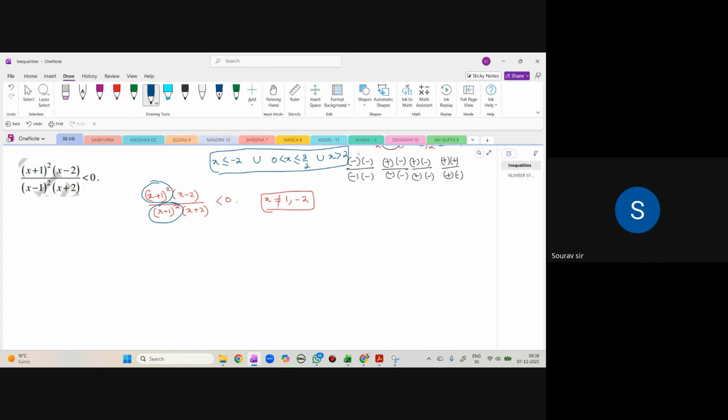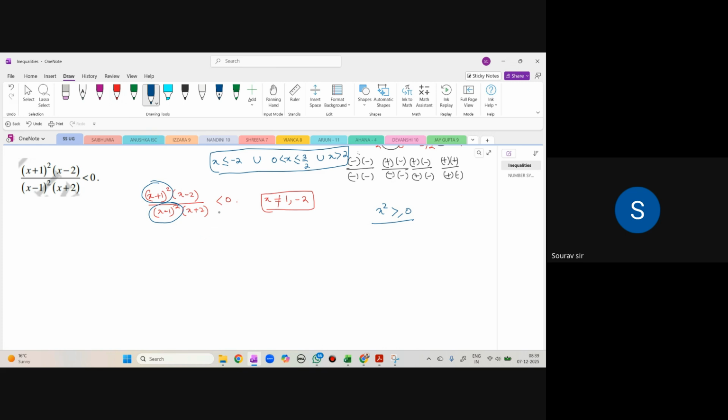A square is always greater than or equal to 0. That means a square can never be negative.